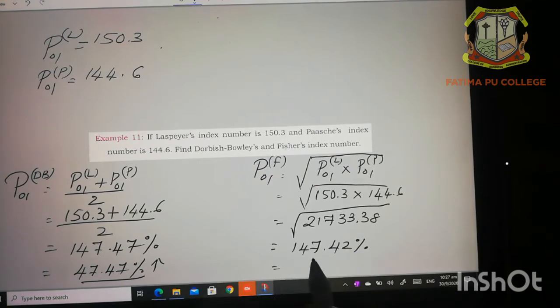So again we see a 47.42% increase is what we can conclude. This is how we can solve this problem of 2 marks.